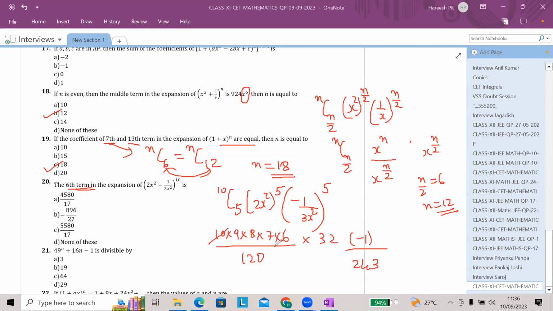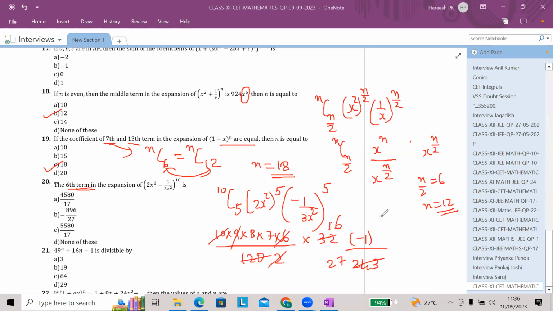Anyway, so here we have 2 ones are, 2 sixteens are, and here 27 remains. So the denominator must contain 27 and the numerator is 16 into 7 into 8.